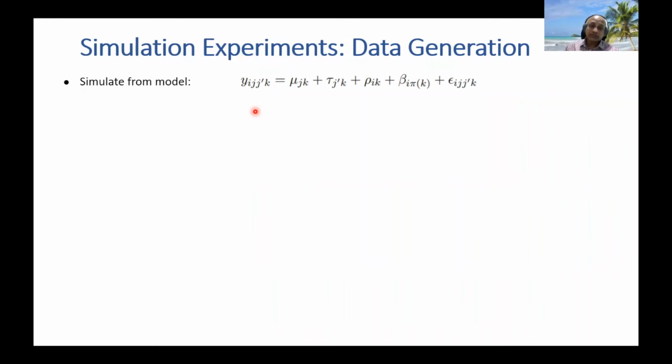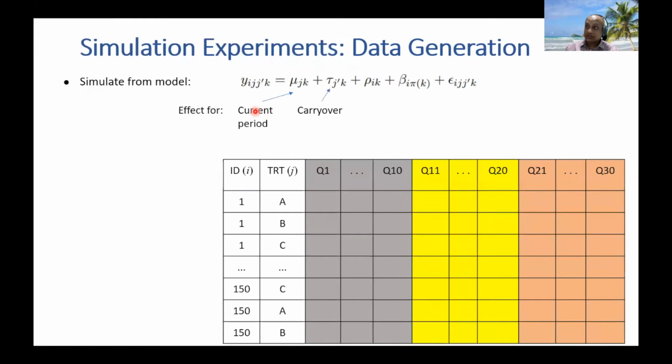We simulate the response for the kth question using this linear model with 2 fixed effects. One, the effect of the product used in the current period, and 2, the effect of the product used in the previous period. These are denoted by mu and tau respectively.